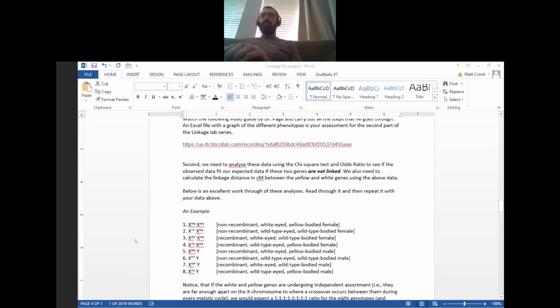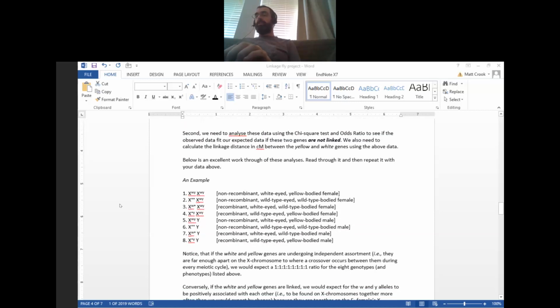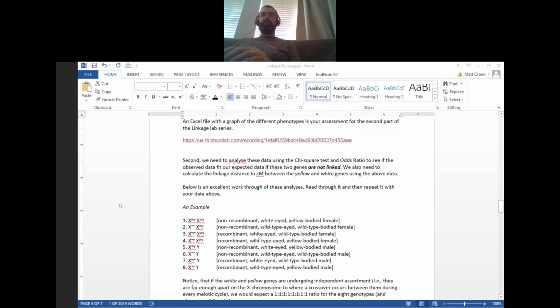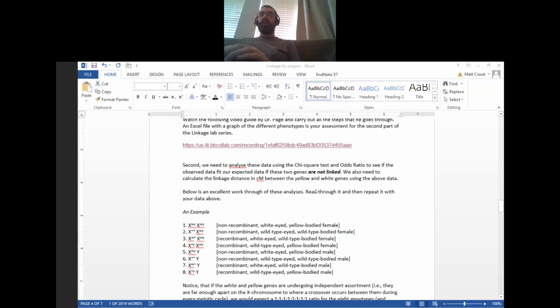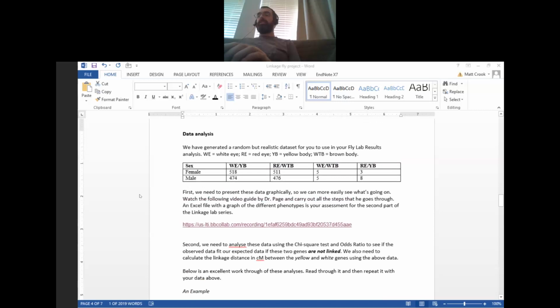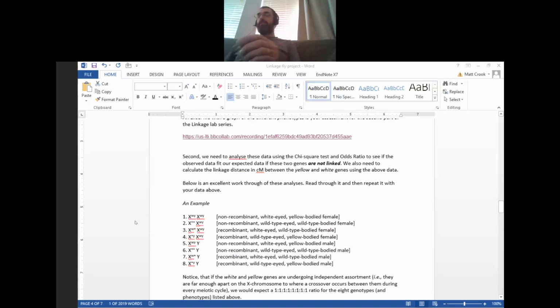The next thing that you'll need to do, and we'll go over this next lab on Tuesday, is, because I need to re-record the lecture from this morning as well, so I want to get on with that before it gets too late, you're going to be doing a statistical analysis, a chi-squared analysis of these data. Right, and this is actually laid out very nicely for you.